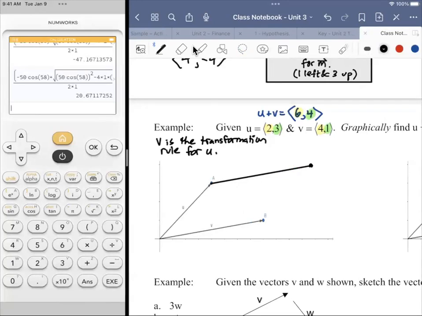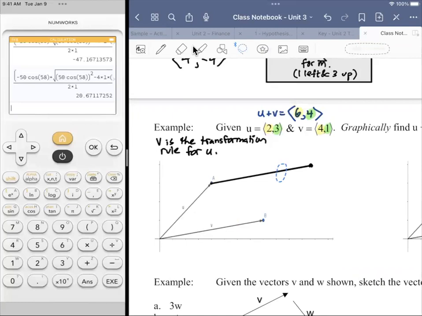All right, so I'm taking this line segment and just sliding it on up so that its tail is at the tip of the other vector. We call this the tail to tip method. All right, there's also a parallelogram method, but if you know one, you don't really have to worry about the other.